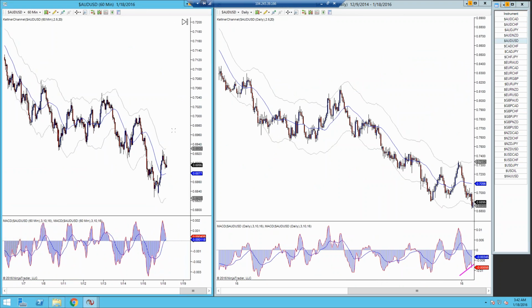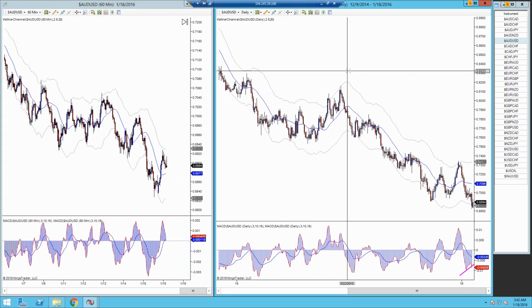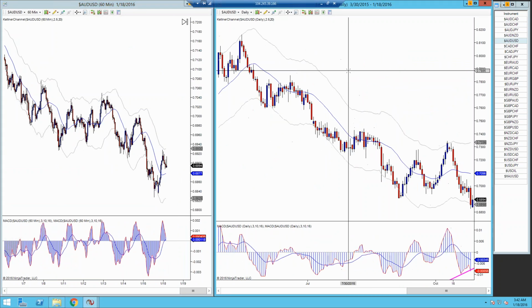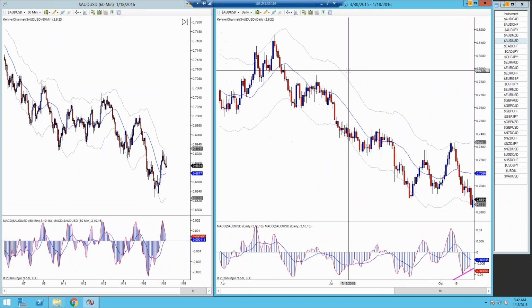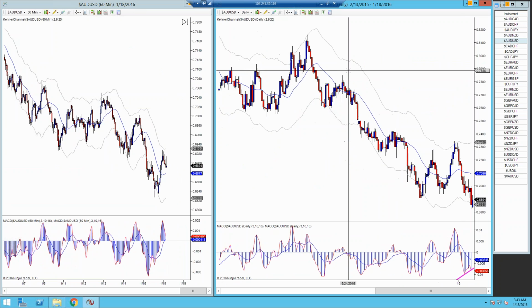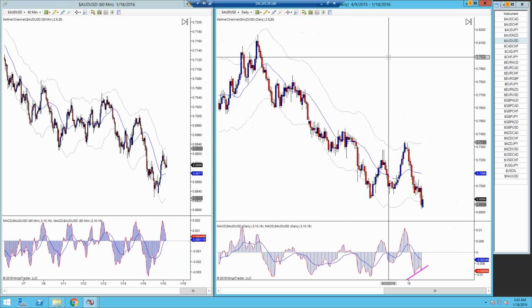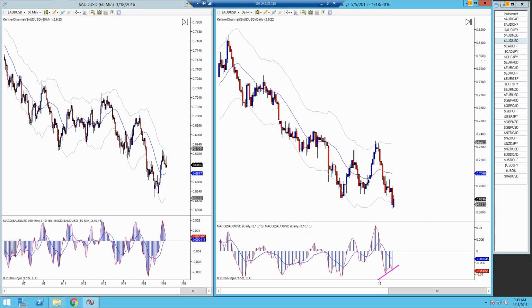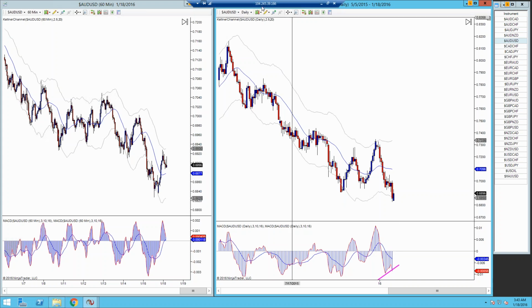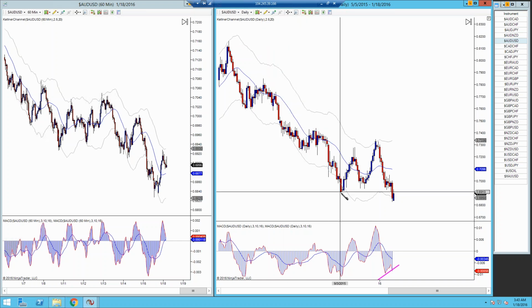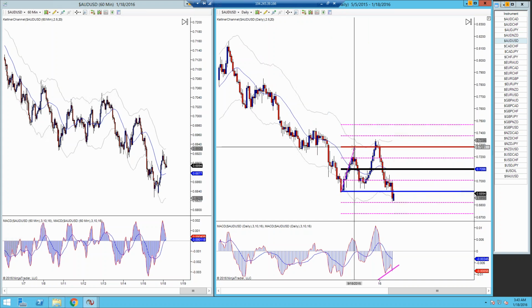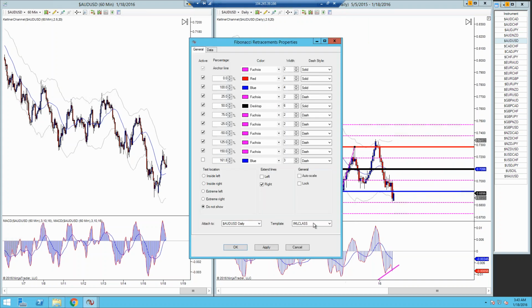So AUD-USD, this I believe has a very large pattern that we could look at. I'm not going to get into it here, but there's another one right here. And this is called the butterfly pattern. Actually, no, it's not. It's called a shark pattern, I believe. Okay, we'll just go through everything. We'll check it.